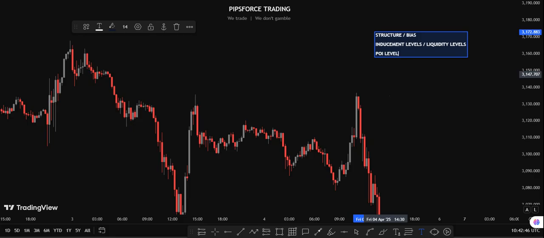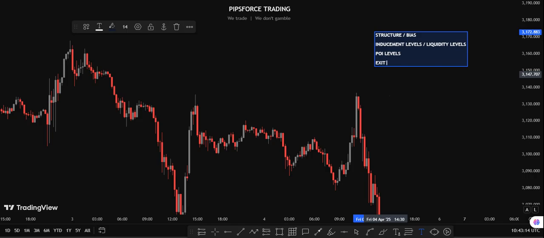So after finding your point of interest level, you also find where price is going to. After finding where price is coming to, you now find where price is going. So that is going to be your exit levels.